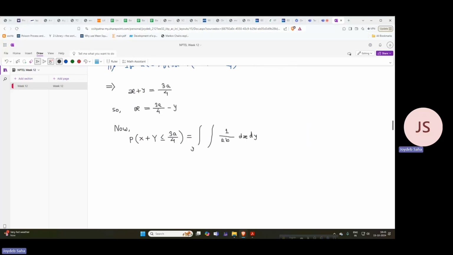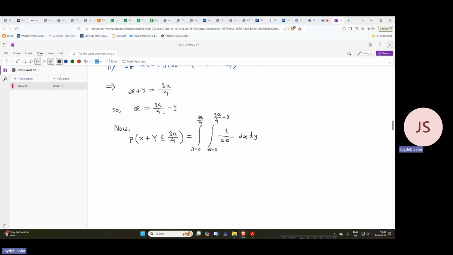If we put the limit y is equal to 0 to 3a upon 4, then x limit will be x is equal to 0 to 3a upon 4 minus y, using this condition.